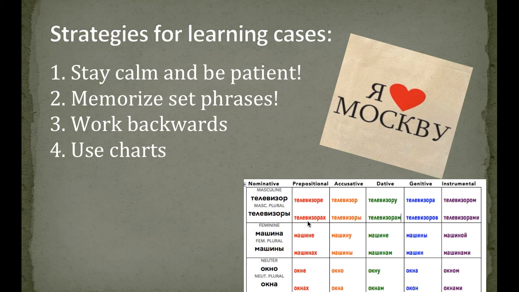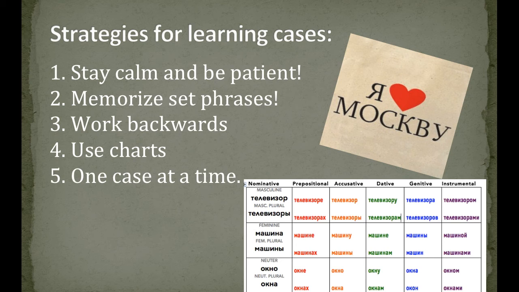So if you're reading a text and you underline the prepositional case in red and then the accusative case, your brain will start to really separate those cases out from each other and start to make sense of them. And it'll give you a sort of visual representation. So if you're the kind of person that loves charts, then great. Think of a way to use a chart. If you're not the kind of person that likes charts, then don't use charts. If they overwhelm you, then obviously don't use them.